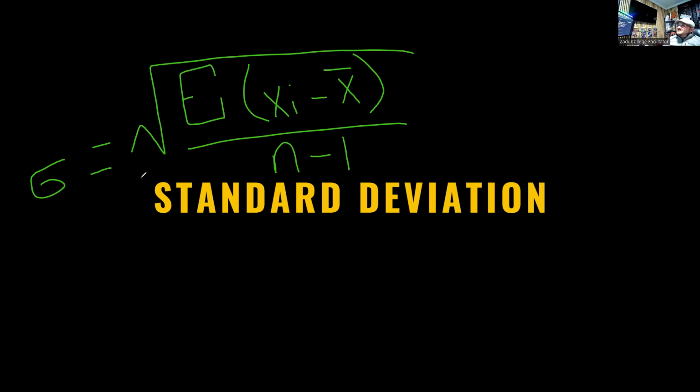And if you see where it says N-1, that's going to represent your degrees of freedom. We'll talk about that down the road, but for right now, I want to have this basic calculation figured out.